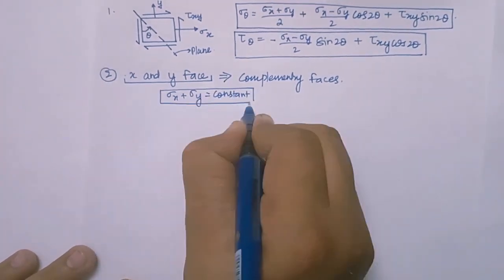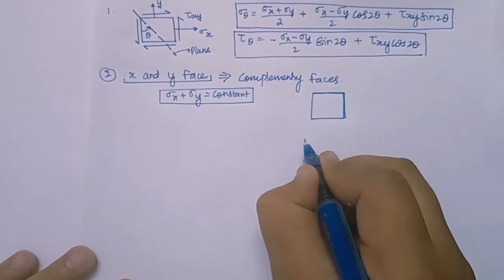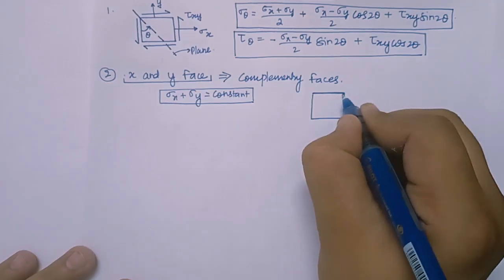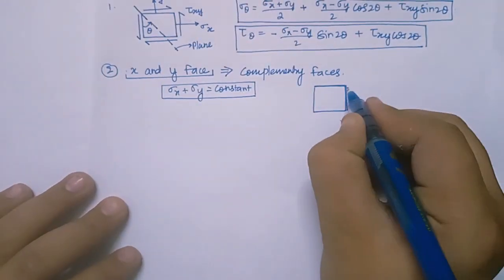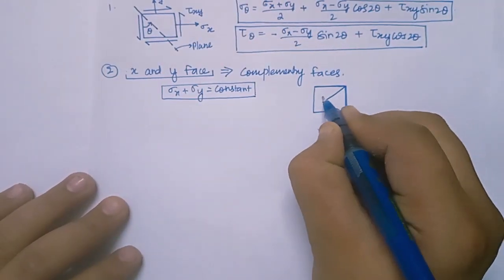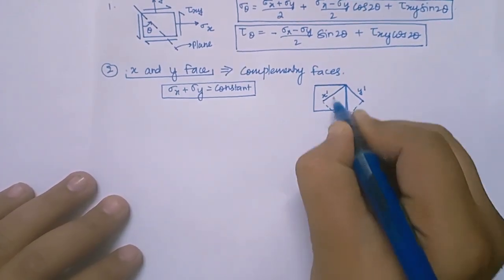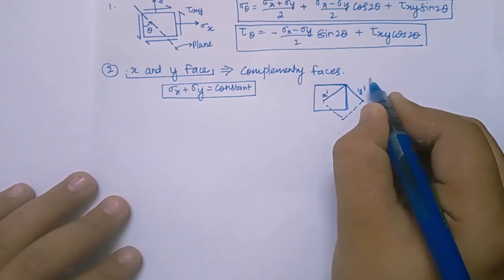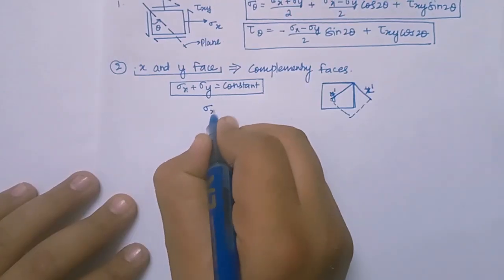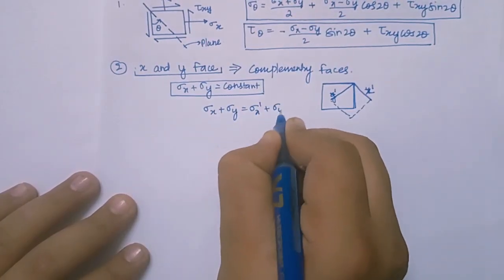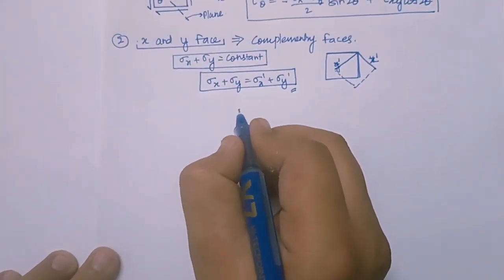What I mean is, if I have a body with this y face and this x face, and I move to some angle and take any other x face, let us consider x dash, and any other y face, y dash, then sigma x plus sigma y is equal to sigma x dash plus sigma y dash. So this is called the complementary plane condition.